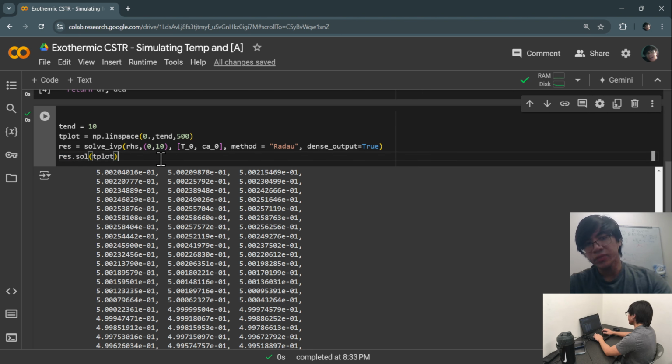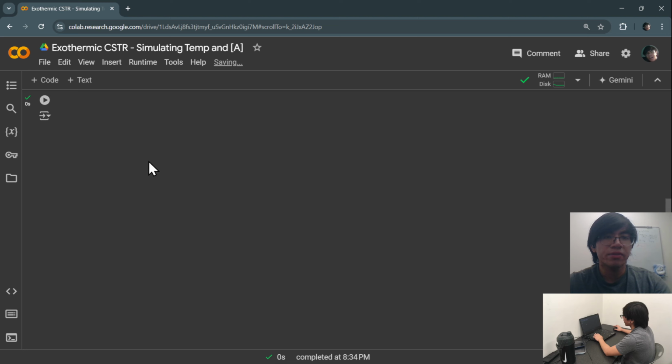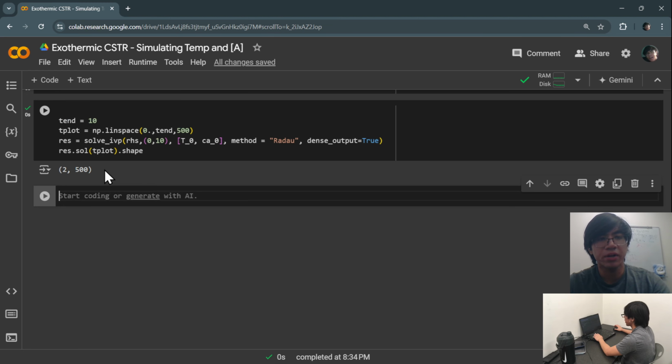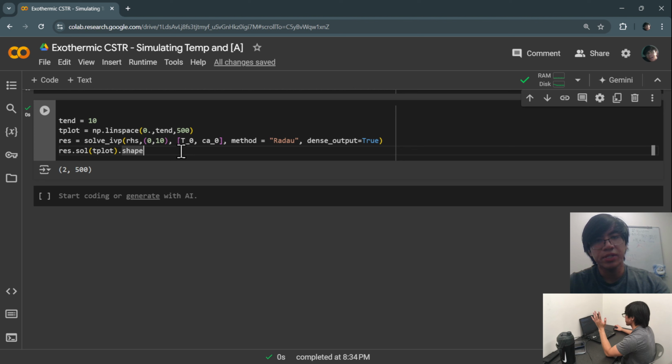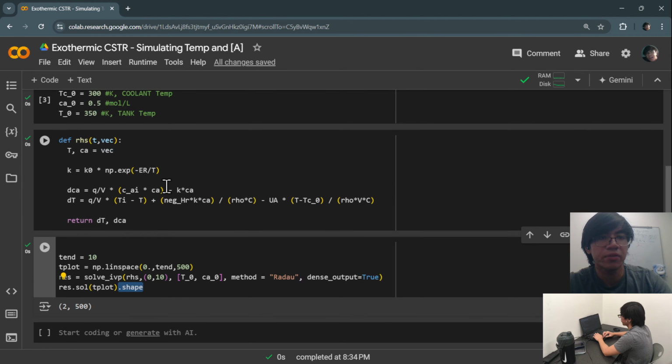And we're going to go ahead and unpack that, since if I take the shape of this array, we should have 2 by 500. That's because it's temperature and concentration and the 500 points that we used here. Those are the corresponding temperature and concentrations that we got from our function.